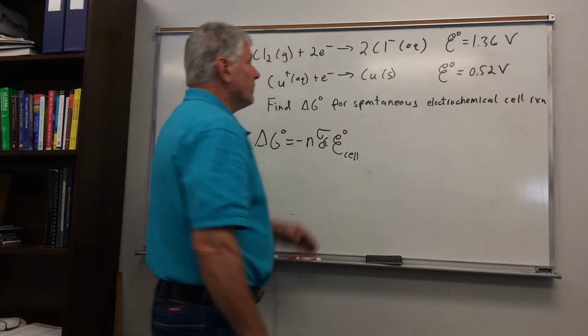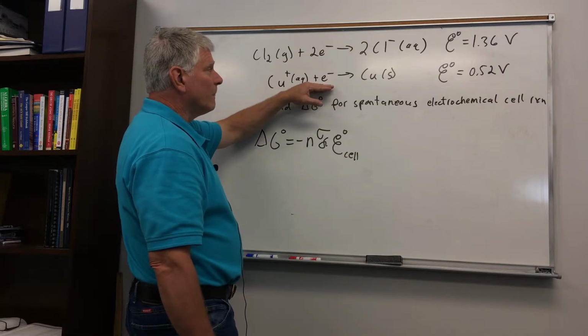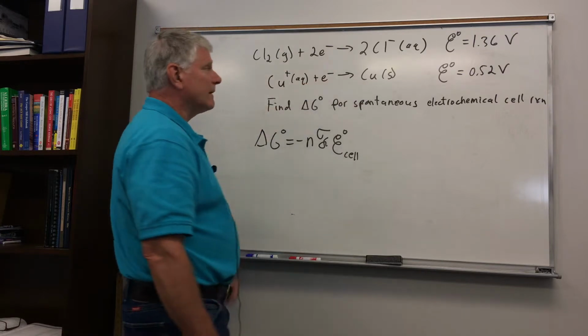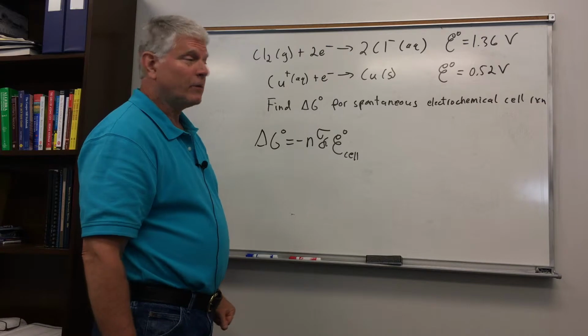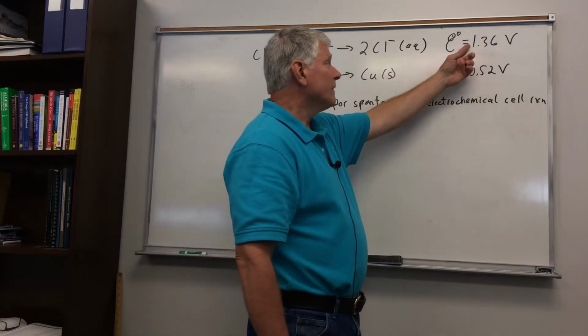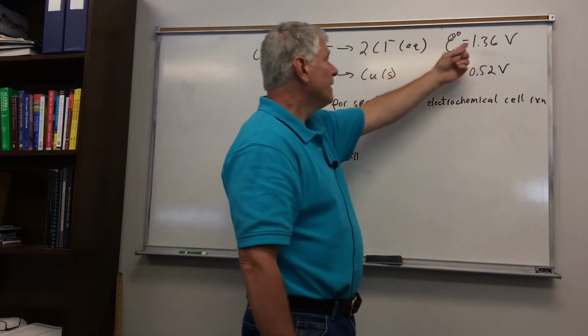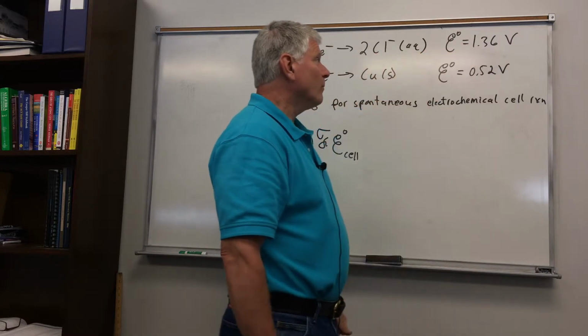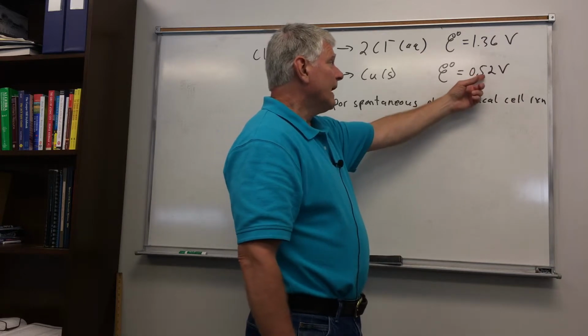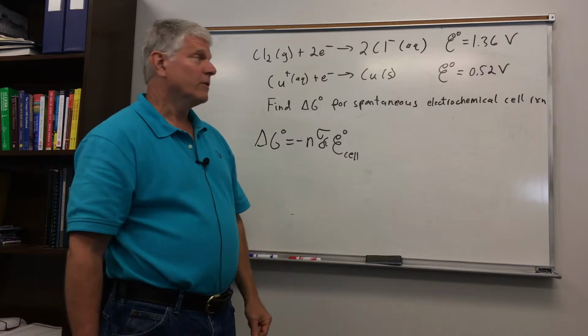So if we look at these two reactions, they're both written as a reduction. We're going to reverse one of the reactions and write it as an oxidation. If we reverse the top reaction and make it an oxidation, this will become negative 1.36. And if we add that to 0.52, we get a negative cell potential.